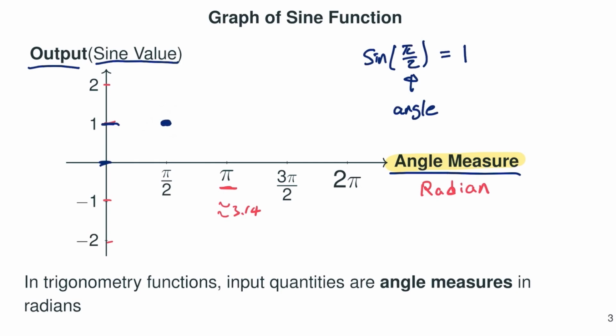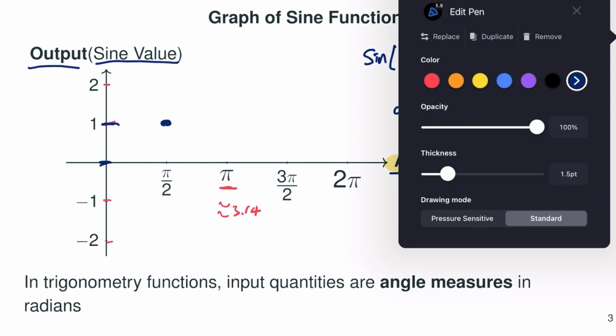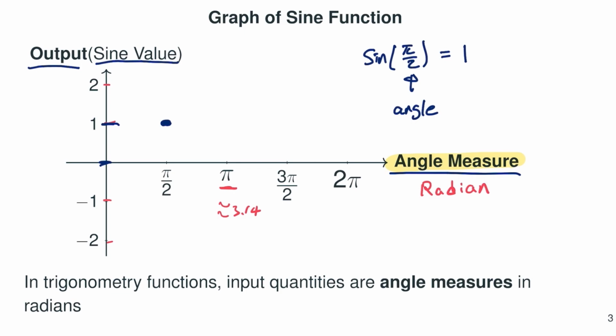Here's the 1 value. And we can do this for all the values, but we just need enough to graph. So we know that sine of 0, for example, is 0. Sine of 0 radians is 0. So then angle 0 is right here, and y-axis 0 is also here. So we have another point right here.